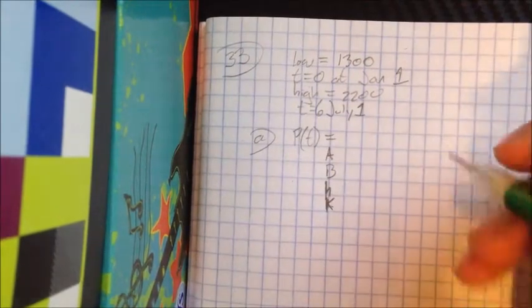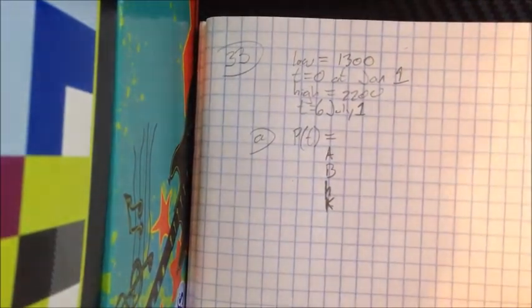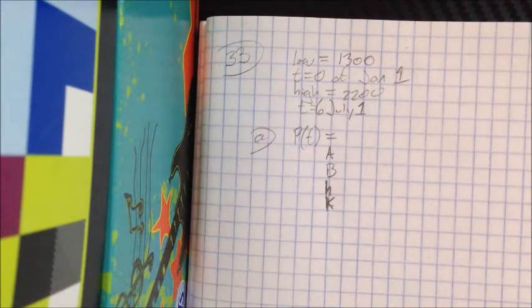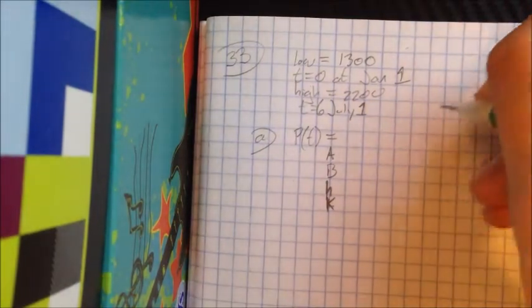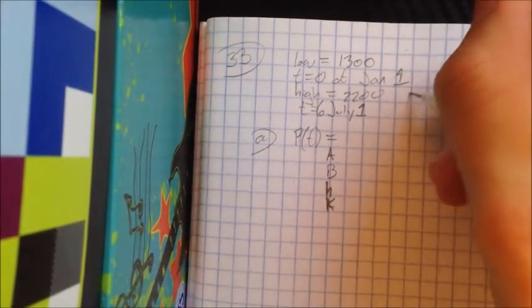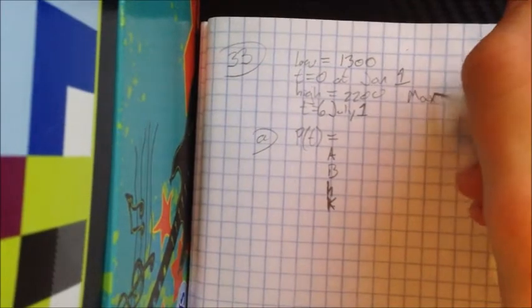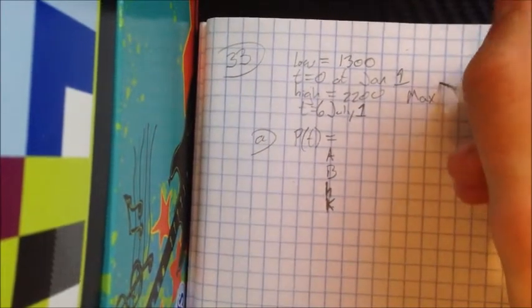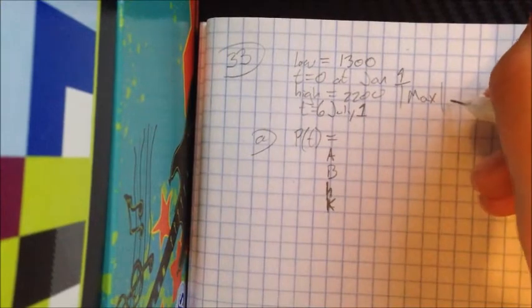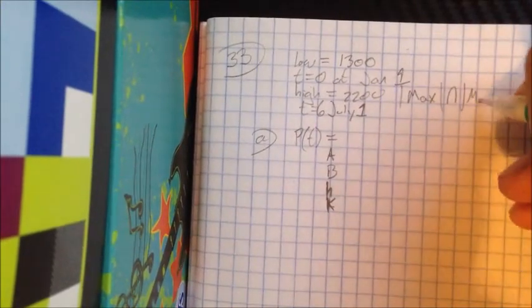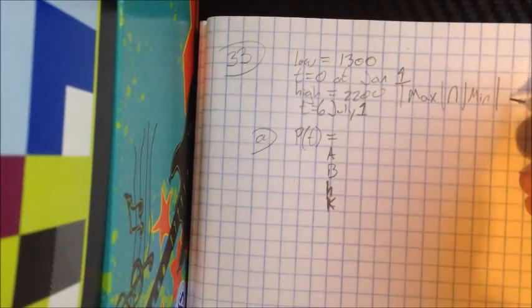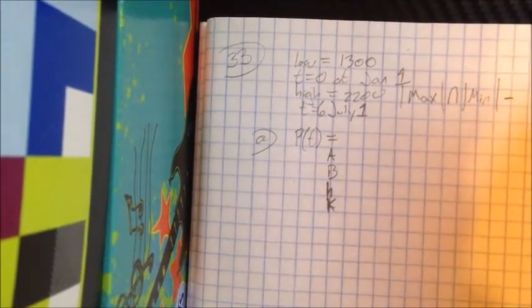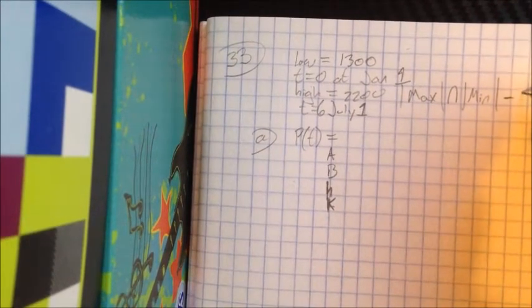So we know that to find our vertical stretch, which is equal to our amplitude, if you remember earlier, I'd written something down like the absolute value of the max, or the absolute value of the minimum, and it was minus midline.